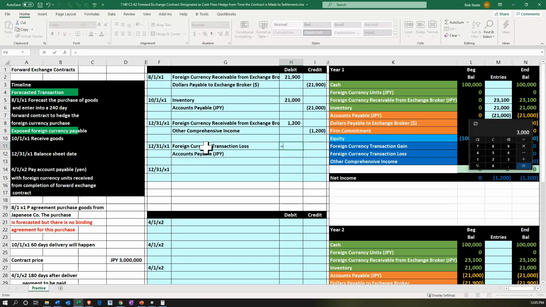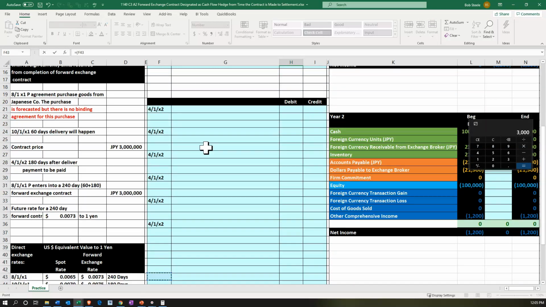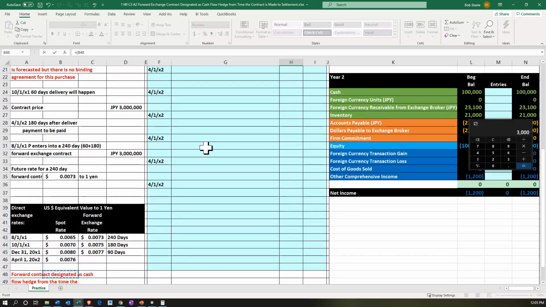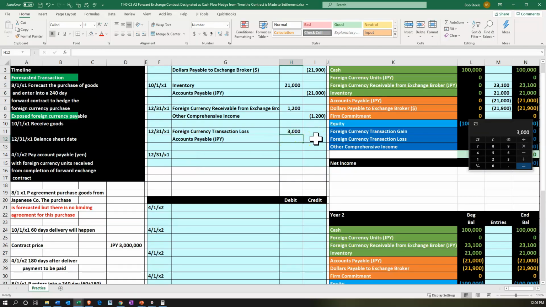We're going to say this equals brackets. Let's pick up the rates first. So we'll go down to the rates down here. Take the bigger of the two rates, the 0.008, minus the last rate we used, the 0.007, and then close up the brackets. Now multiply it times the 3 million, and that will give us our 3,000, and that's going to be the debit and the credit.